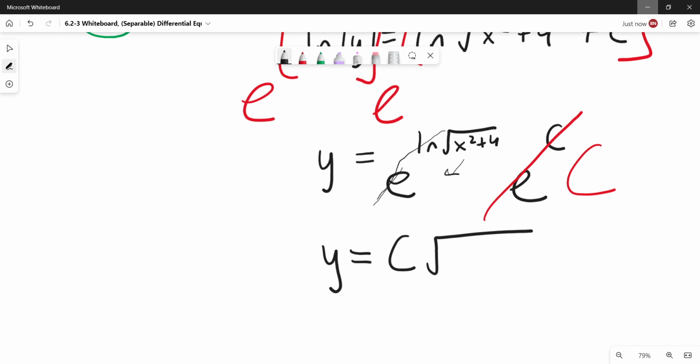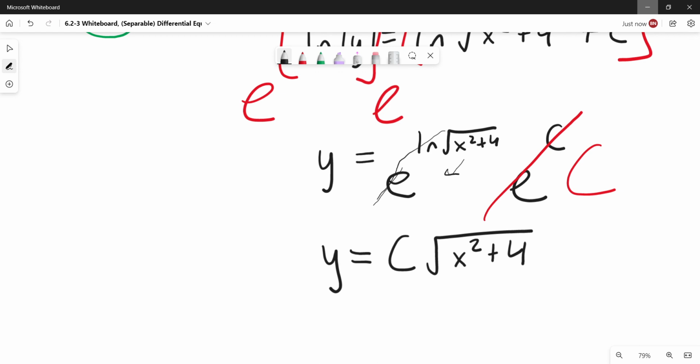Okay. So I'm just reading the book. The book does keep the absolute value of y, and then makes the right side plus or minus e to the power c, but then again, they have some weird hand waving too, where c is equal to plus or minus e to the power of c sub 1, and it's fine.